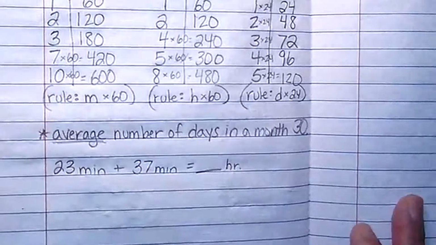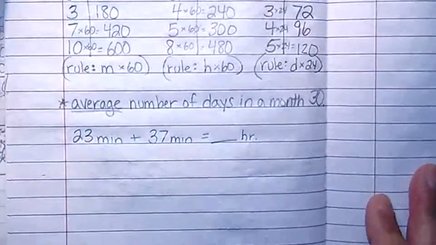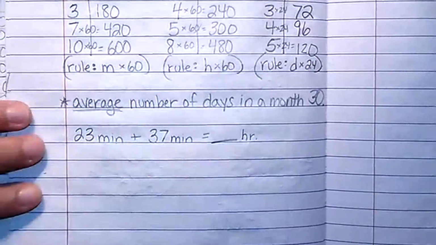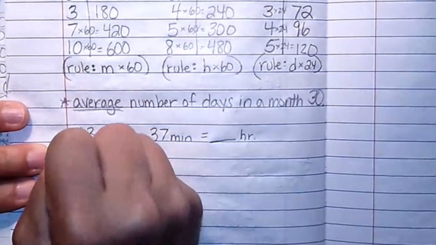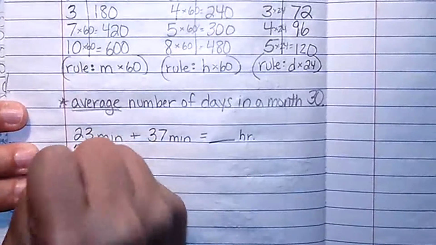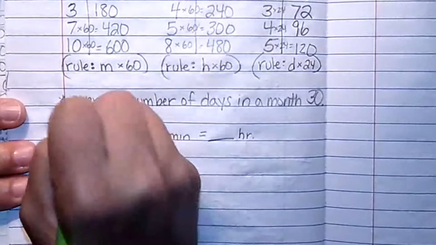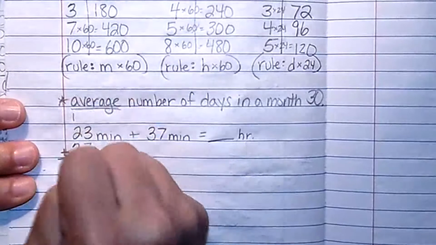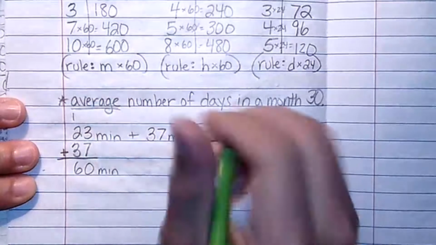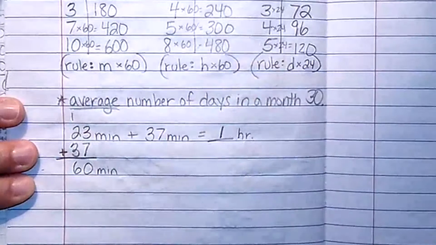Let's think for a second. How many minutes are in 1 hour? 60. Let's add 23 plus 37. We always stack them to add them. We can't add them in our heads. We'll make a mistake. 3, 4, 5, 6. 60 minutes. And 60 minutes equals 1 hour.